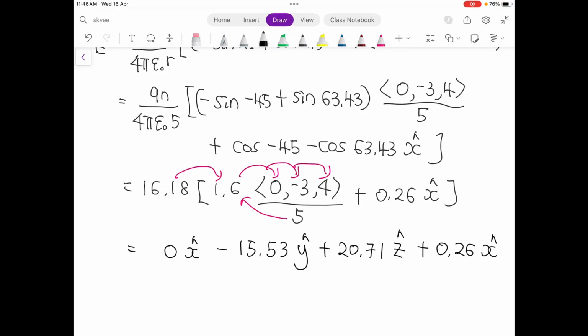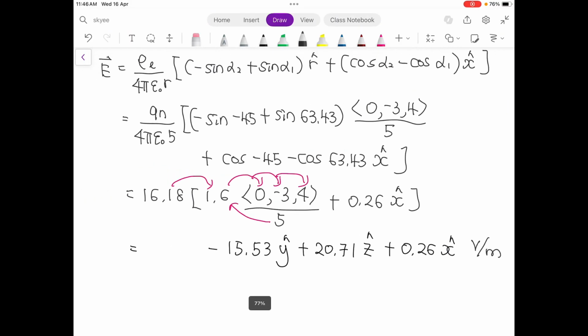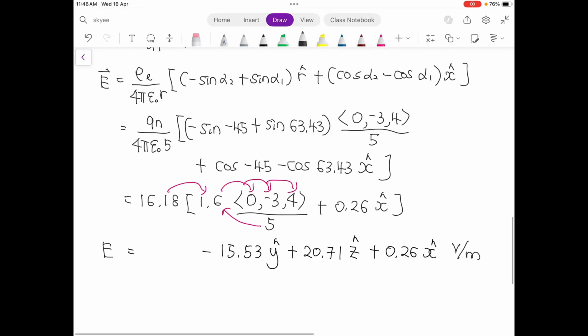Basically, I can ignore this one. So this is the electric field contributed by the first line charge. The E of the second line, I would say that it's the first line.